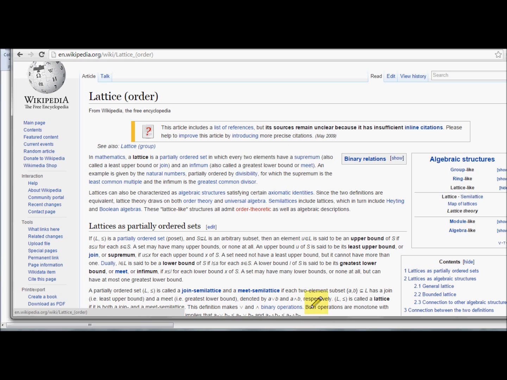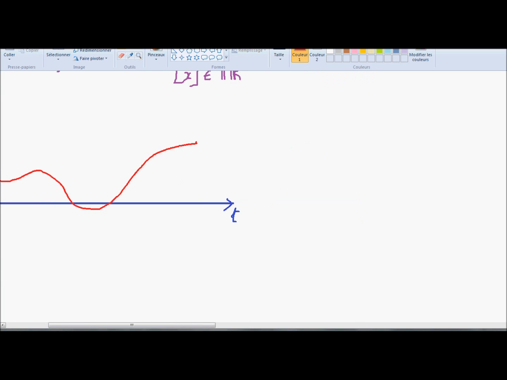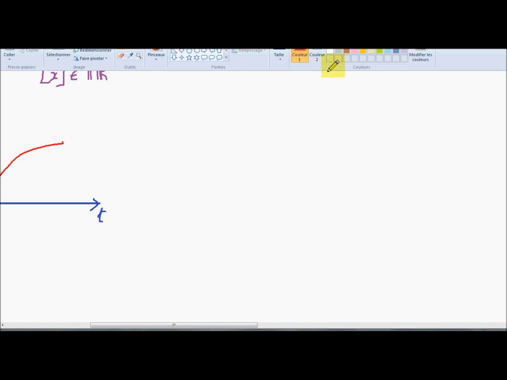Let me try to explain it in a more simple way. If I have two elements, say A and B, I will be able to define the infimum of A and B, and the supremum of A and B.